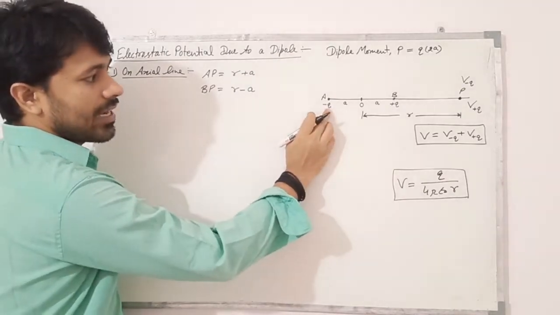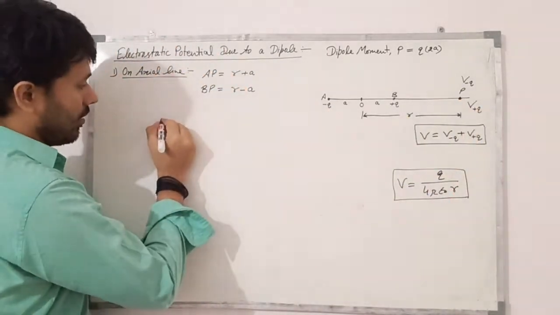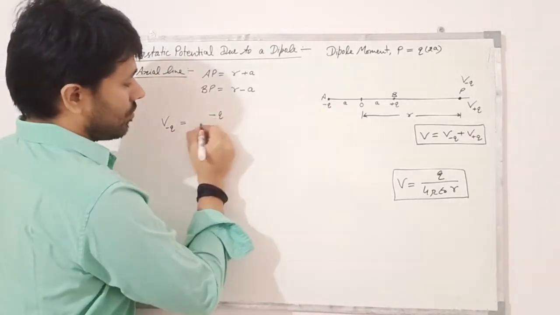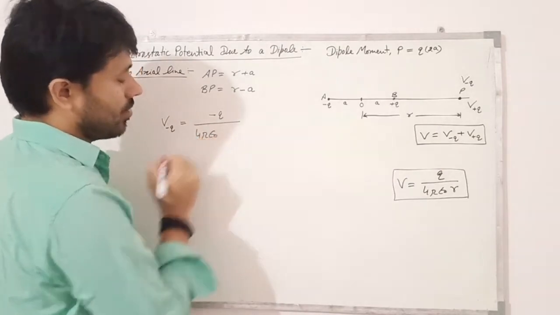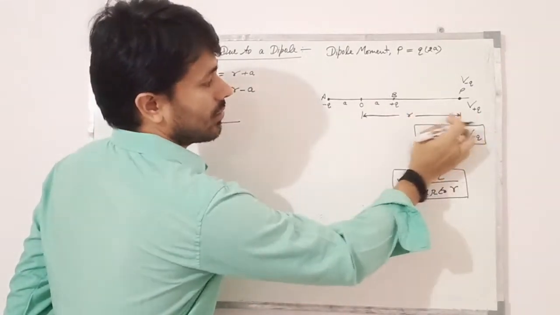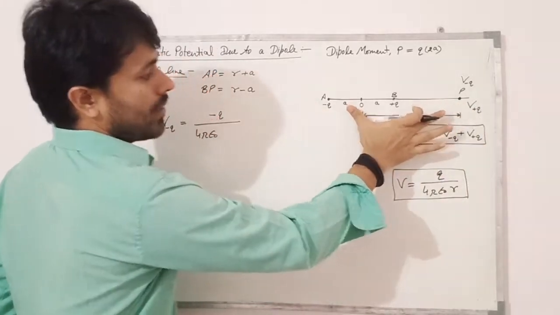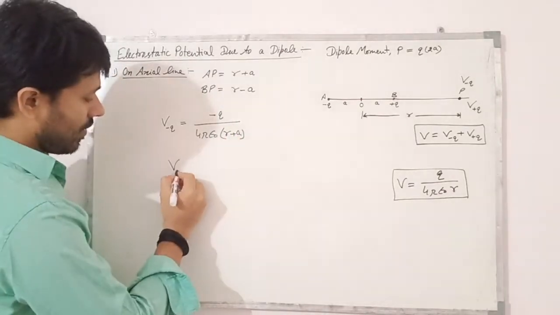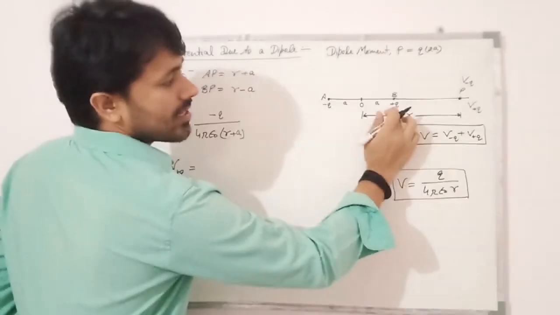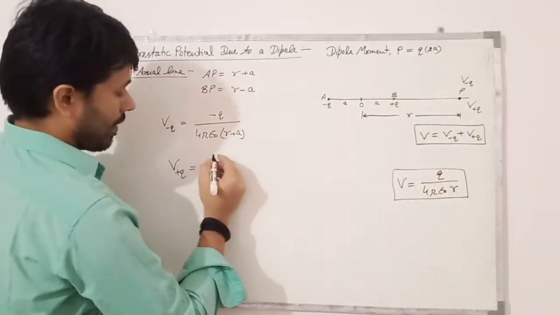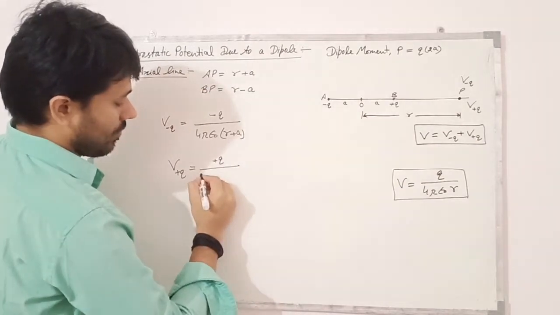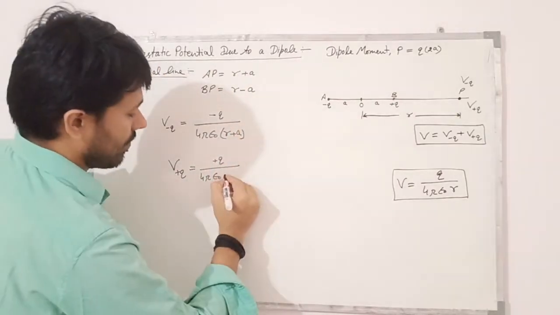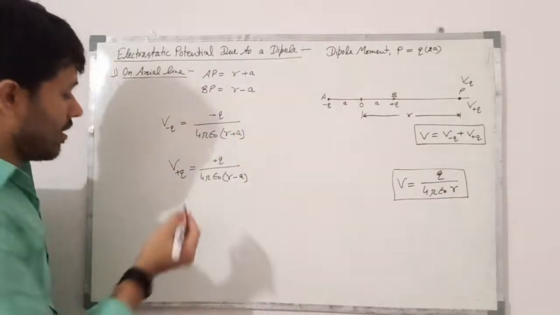So due to this negative charge, the potential at point P, V minus Q, is minus Q upon 4 pi epsilon naught, and the distance between this charge and point P, that is AP, is R plus A. Similarly, V plus Q, due to this positive charge, is Q upon 4 pi epsilon naught, and the separation is BP, which is R minus A.